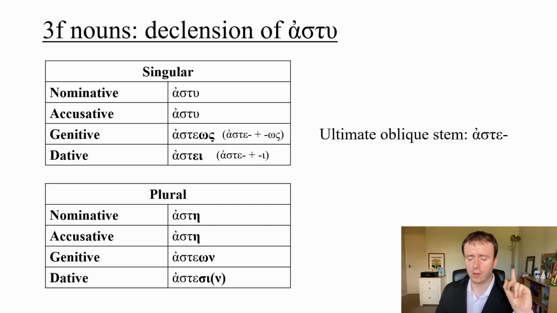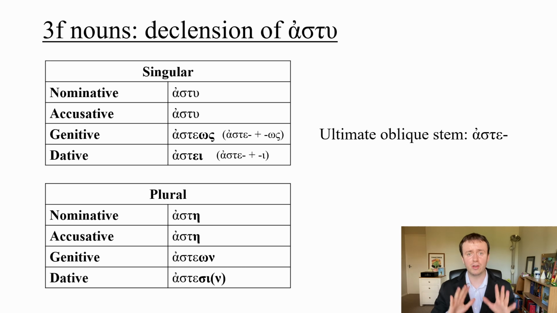Now, the reason that there's a difference in the nominative and the accusative plural is because we have the oblique stem aste, but instead of adding the ending es, that is epsilon sigma, which is the standard nominative plural ending for third declension nouns which are masculine or feminine, we add alpha to that oblique stem, because alpha is the standard nominative and accusative plural ending for neuter third declension nouns.